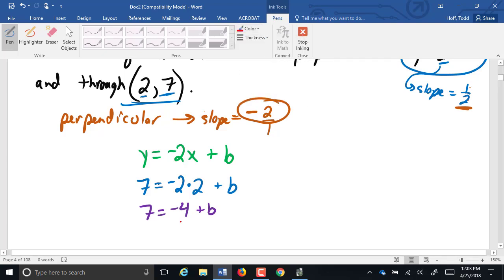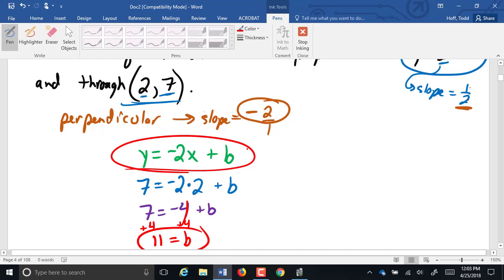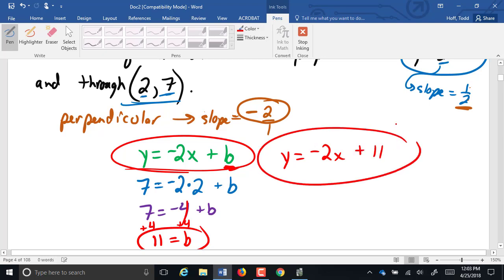We solve by adding 4 to get rid of the -4. So 11 equals b. That's the y-intercept. So we go back up to this perpendicular equation and we replace b with 11. So y equals -2x, it's a positive 11, so plus 11.